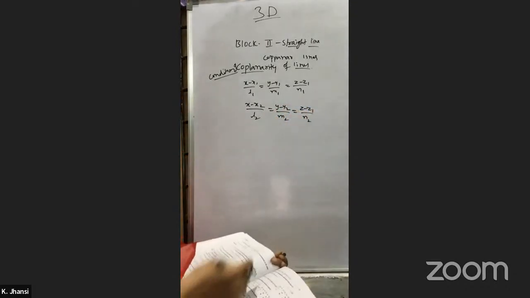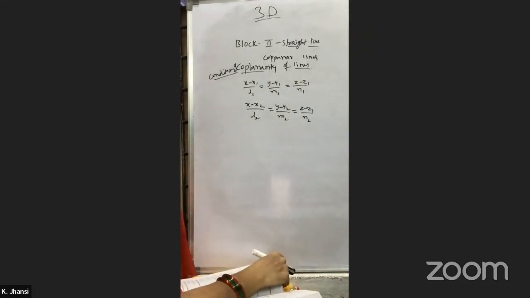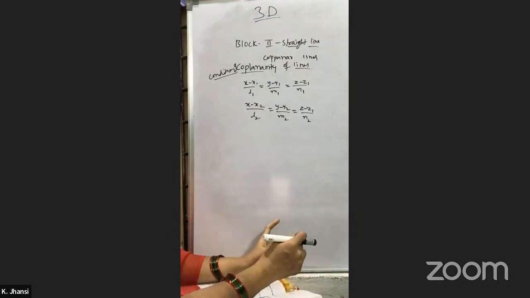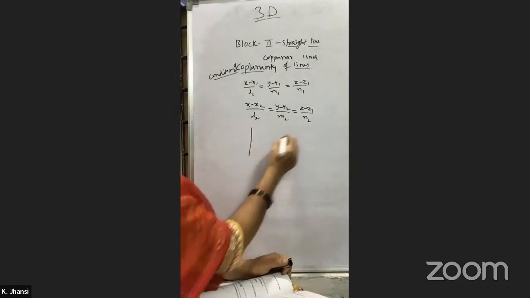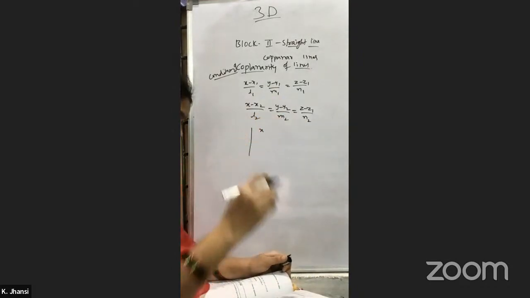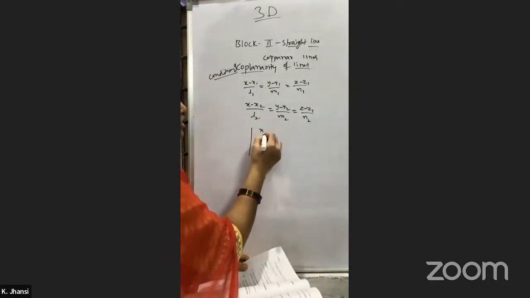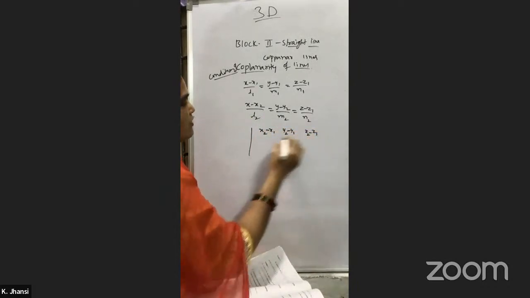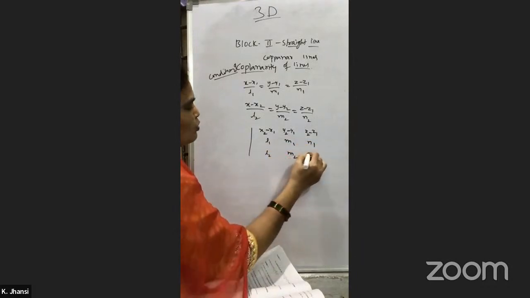Okay, these two are the line equations, and the two lines are called coplanar when the determinant is equal to 0. The determinant has rows: x2 minus x1, y2 minus y1, z2 minus z1; L1, M1, N1; and L2, M2, N2.